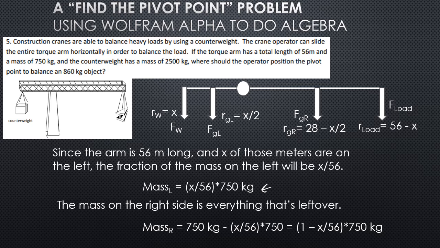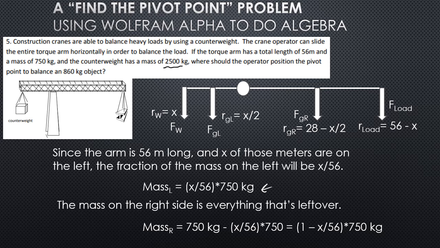So now we have an equation for the left side's mass in terms of x, and an equation for the right side's mass in terms of x. And now we can solve for x, because x is our only variable left. The only thing left that we don't know is x. We know force of the counterweight, because it's just mass times gravity here.